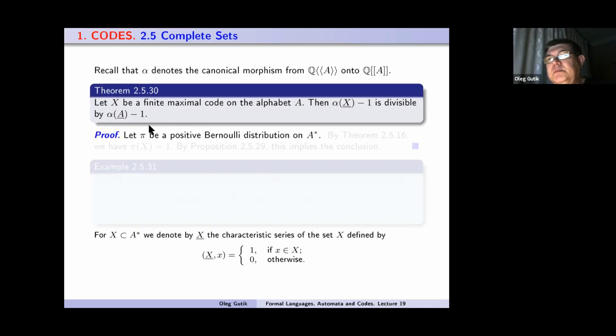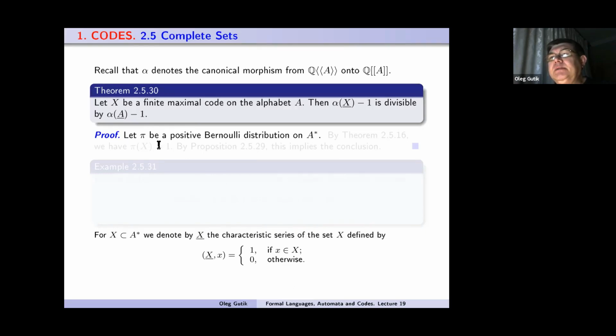Proof. What is X underline? For any subset X capital of the free monoid A capital star, we denote by X capital underline the characteristic series on the set X defined by the following formula.